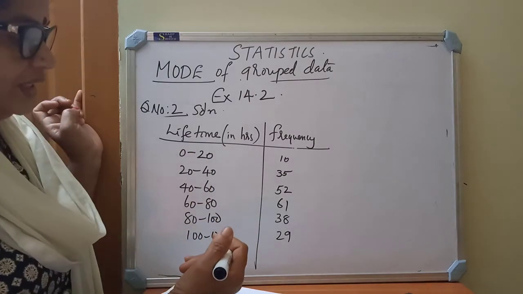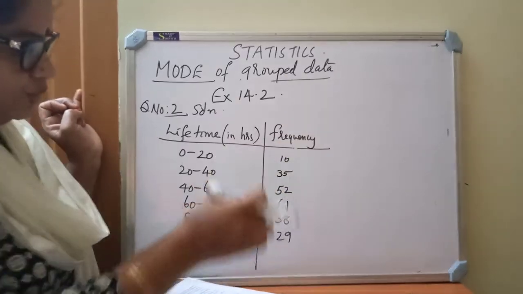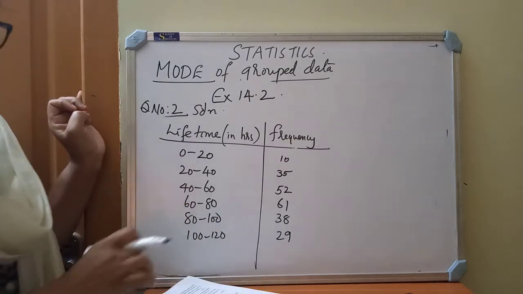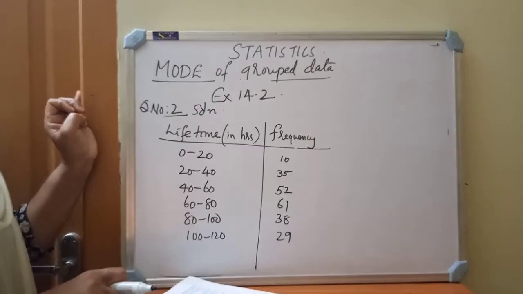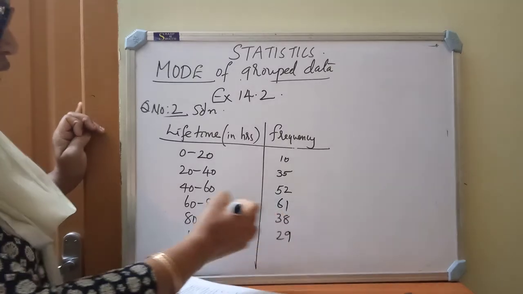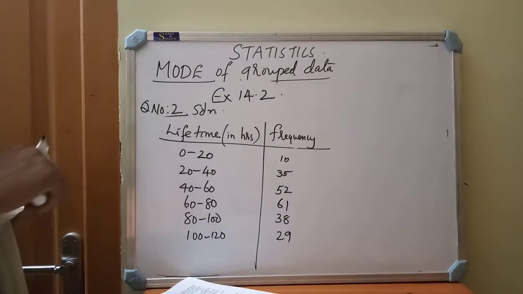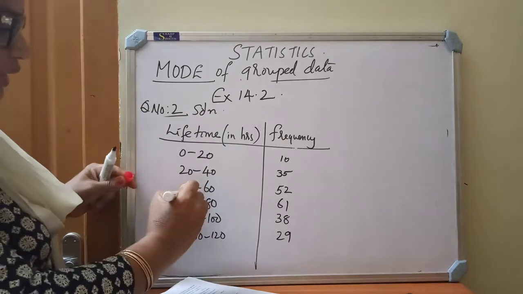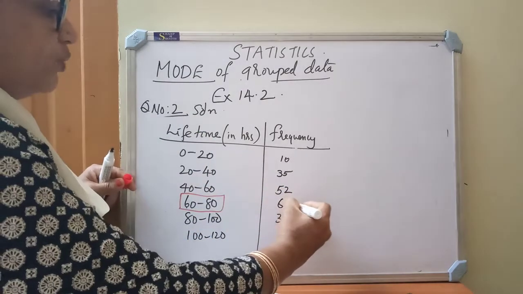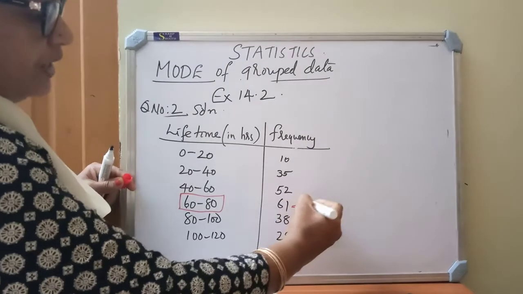For finding the modal class, first you must go through the frequency values, and see which one is the maximum. Maximum frequency is 61, isn't it? So 61 is the fourth value. So the fourth class is our modal class. So 60 to 80 is our modal class and 61 is the frequency of the modal class.